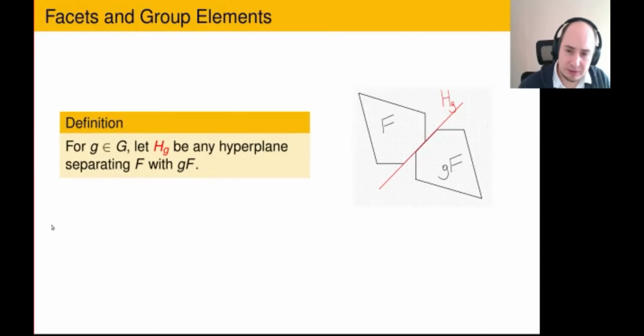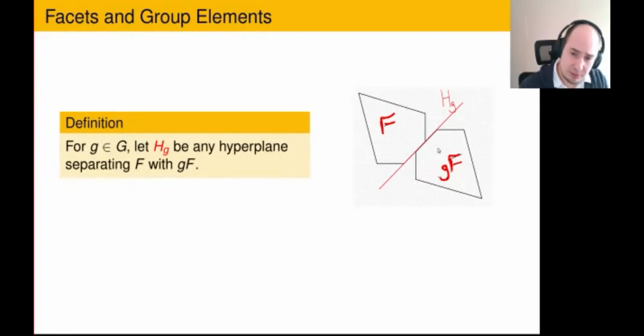Okay, so the first observation when you try to study the facet description of a fundamental domain is that whenever you have a fundamental domain F, like let's say this is the set here, and then you apply some group element, then you get some kind of copy GF, which is rotated or reflected, something like this, right? This is not intersecting except for the boundary.